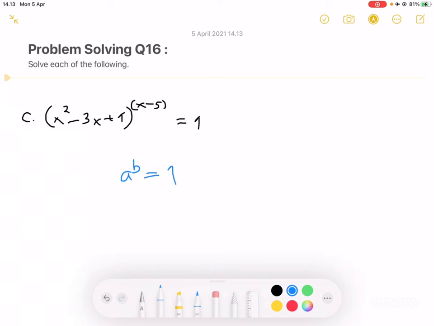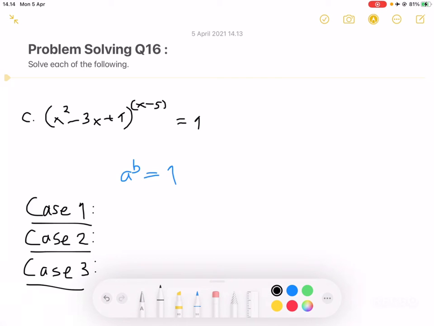So we need to find when a to the b power is equal to 1. We need to figure out what a and b could be and substitute that in. After thinking about that, you'll be left with 3 cases, and we're just going to solve them individually.